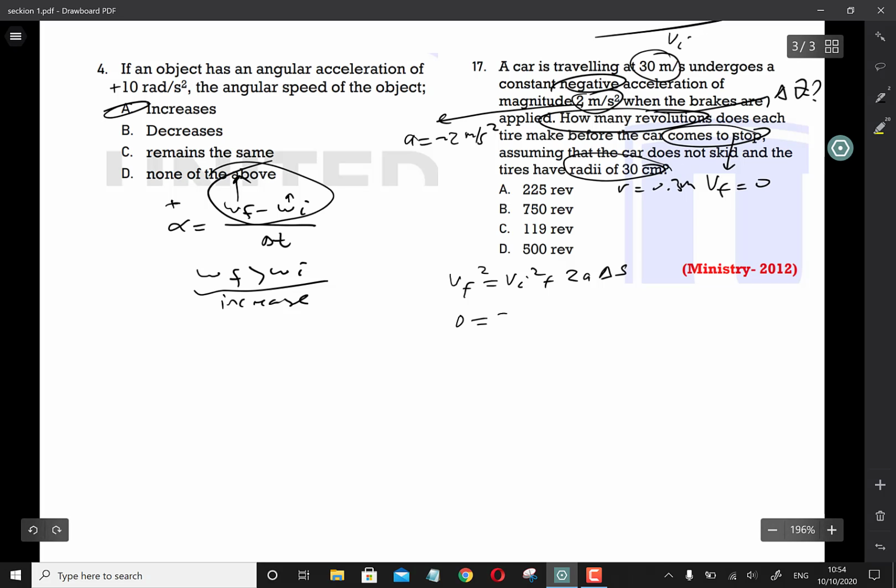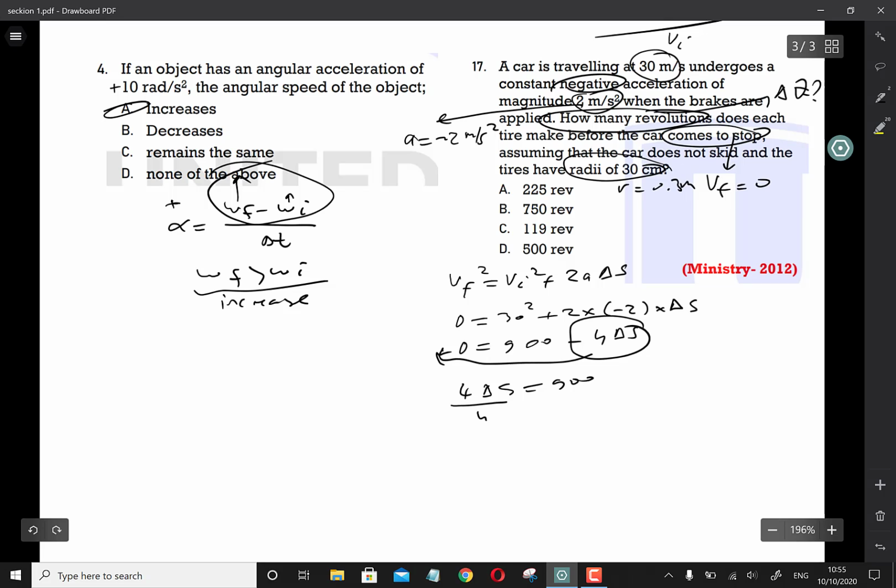Initial is 30, squared, plus 2 multiplied by negative 2 multiplied by delta S. So 0 is equal to 900 minus 4 delta S. Move the delta S term to the left side: 4 times delta S is equal to 900. Divide by 4 and simplify. So delta S is going to be 225 meters.